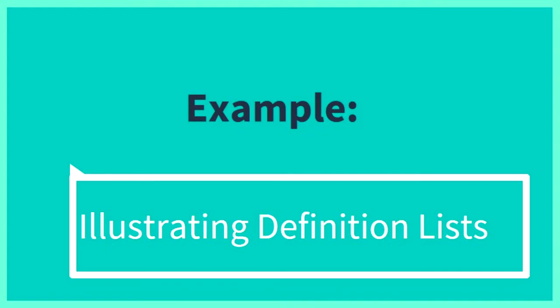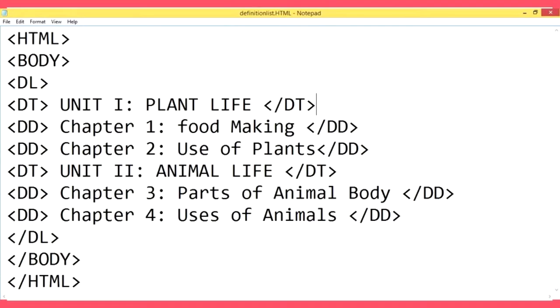Let us understand with an example illustrating the definition list. In this HTML program, HTML starts with the opening body and DL. DL is the definition list. DT is the title of the definition. So the title is Unit 1 Plant Life, followed by the closing tag.